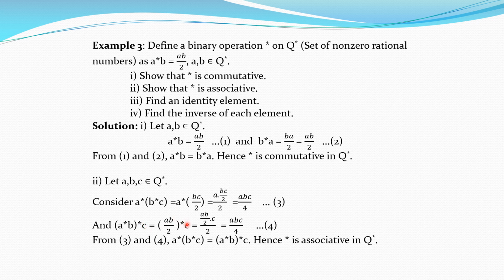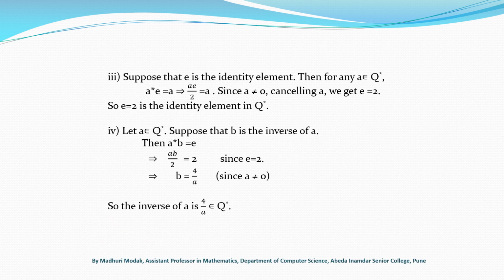So it is ABC divided by 4. So considering the RHS as equal, we get A star (B star C) is equal to (A star B) star C. So by definition, star is associative in Q star.